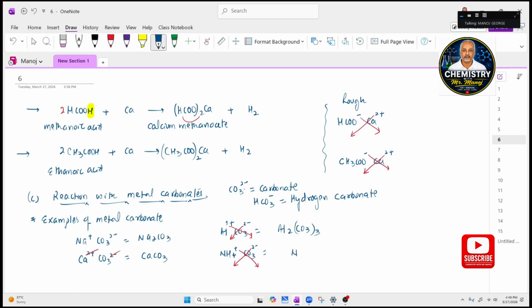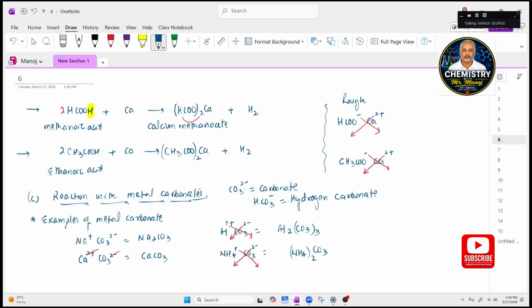So I have NH4, and then you put the bracket, put that 2 there, and that's the carbonate there. Okay, I'm still waiting for you to tell me if any one of you has any doubts about how to get examples of metal carbonate. Are you okay so far? No, nobody has a problem. Okay, so these were some examples of metal carbonate.